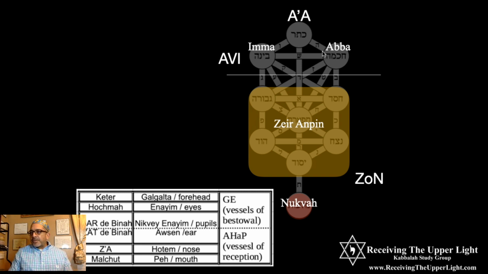Abba, like we mentioned, is Chokmah. Ima is Bina. And then Zeir Anpin has Chesed, Gevurah, Tiferet, Netzach, Hod, and Yesod. And Nukva is Malchut.